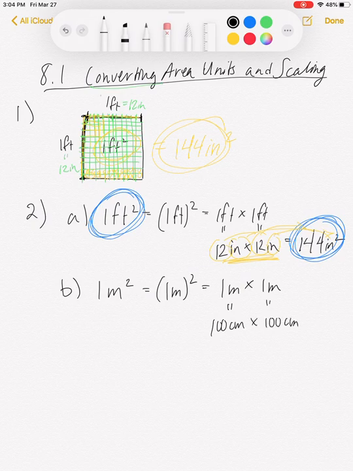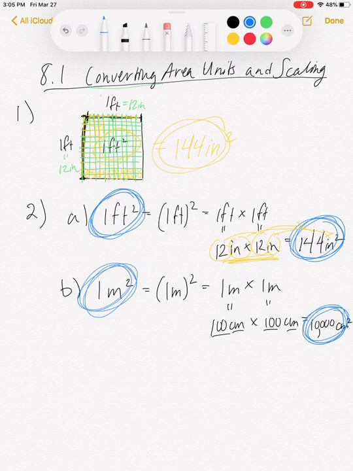And so I convert those to centimeters. And when I multiply the numbers together, the 100 and the 100 here, I get 10,000. And when I multiply the units together, the centimeters and centimeters, I get centimeters squared. Okay. So my conversion is 1 meter squared is equal to 10,000 centimeters squared.